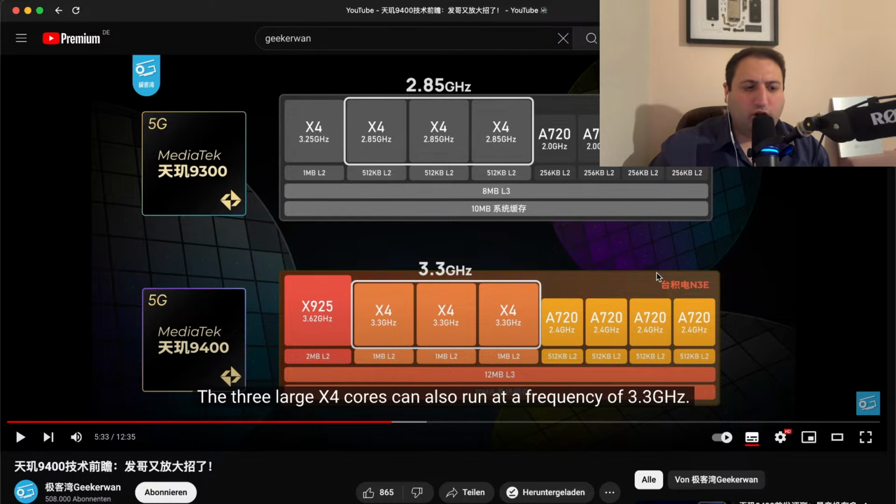And then of course the jump to N3, it probably would sit just a tiny bit outside of the optimal efficiency window, where I would argue that at maximum speed these cores probably would still consume more energy than these 2.85 gigahertz cores, but I would argue that they very easily consume less energy than the previous 3.25 gigahertz X4 core.